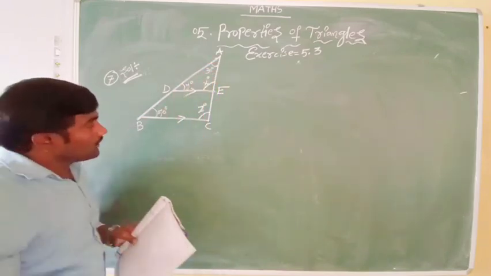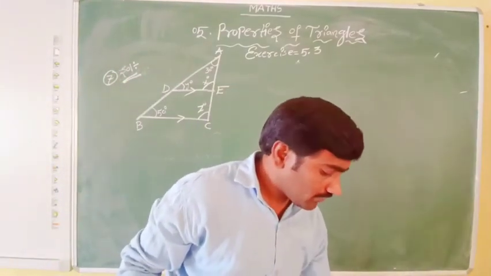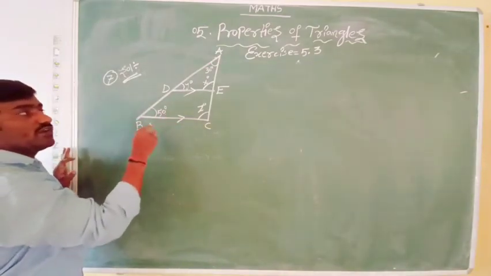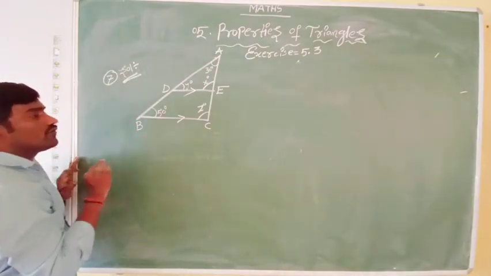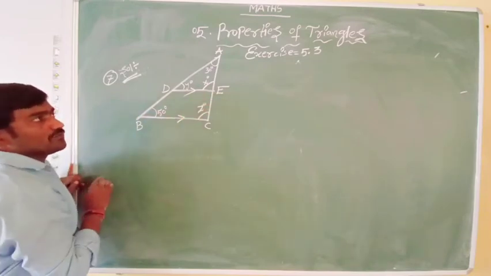Then we need to find the X, Y, Z values. The first thing to note is that DE is parallel to BC.